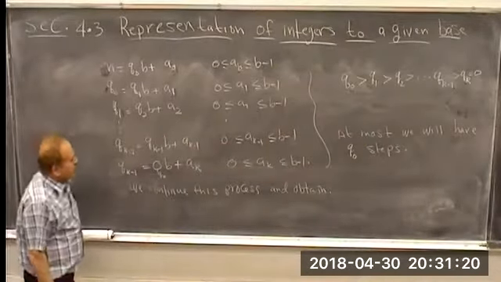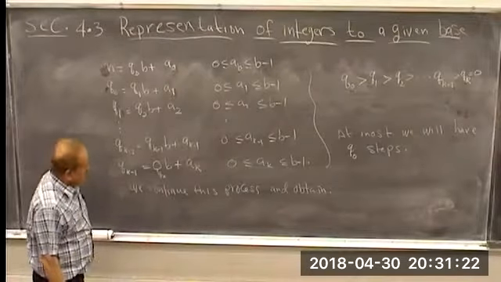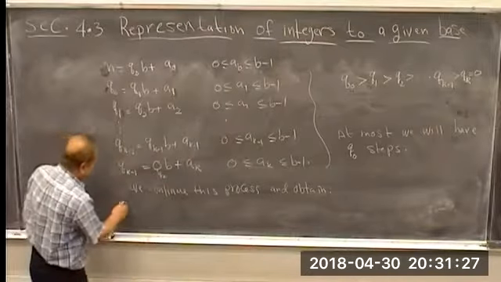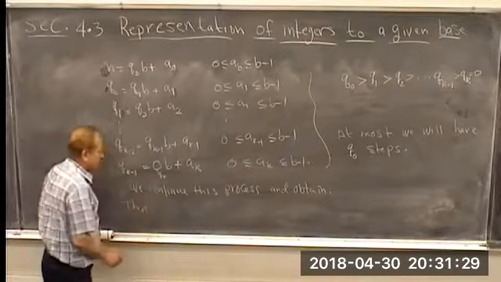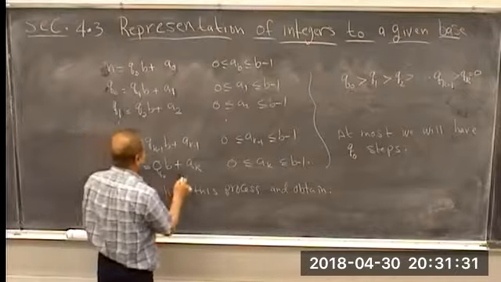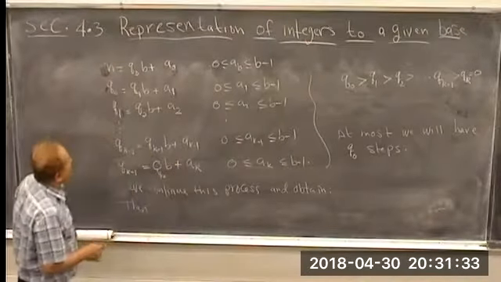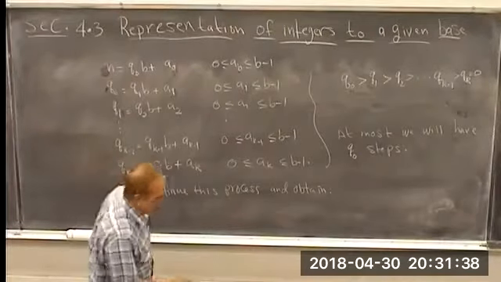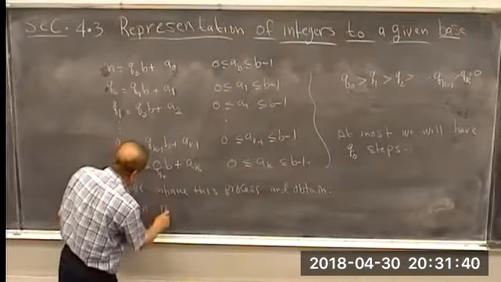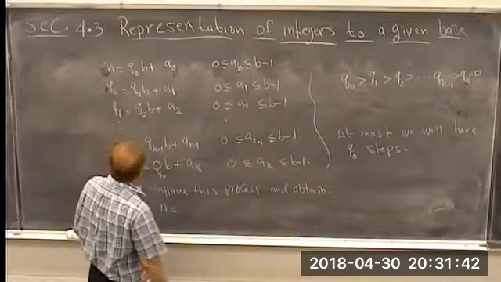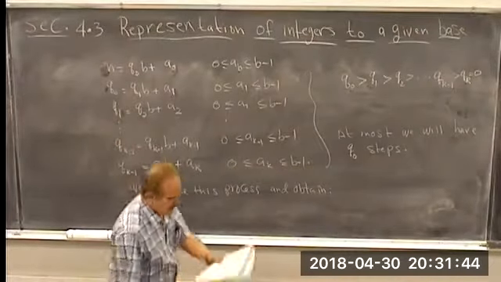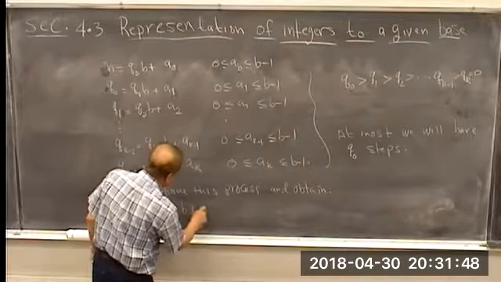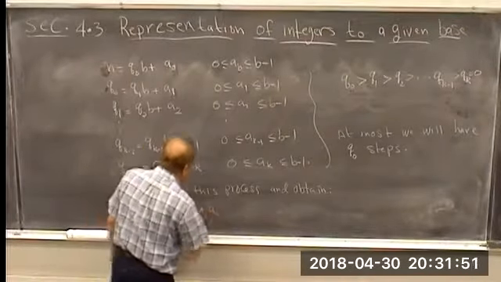All right. Now, once this stops, I claim that we're going to start substituting. So we start with n equal to b q sub 0 plus a sub 0.